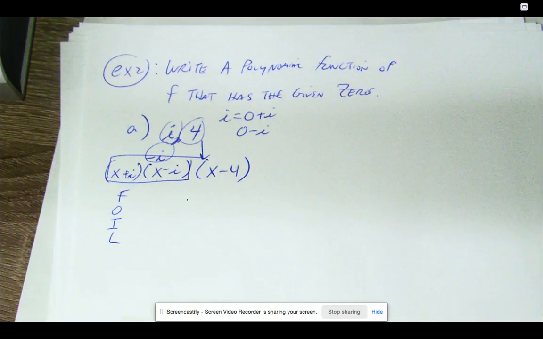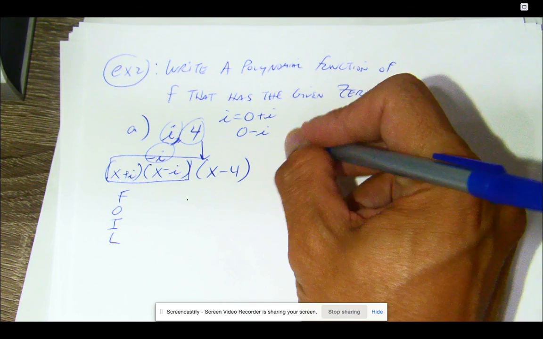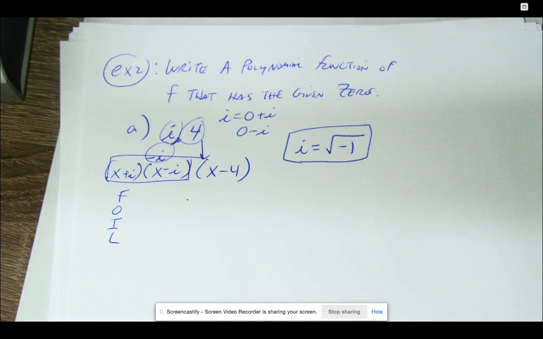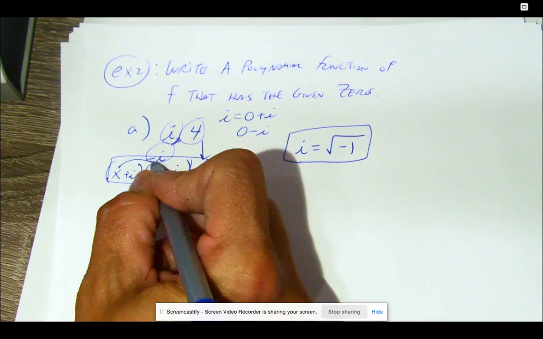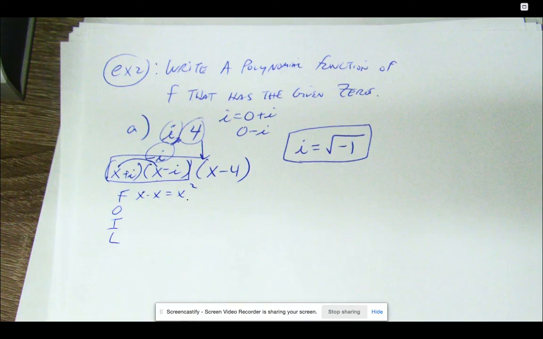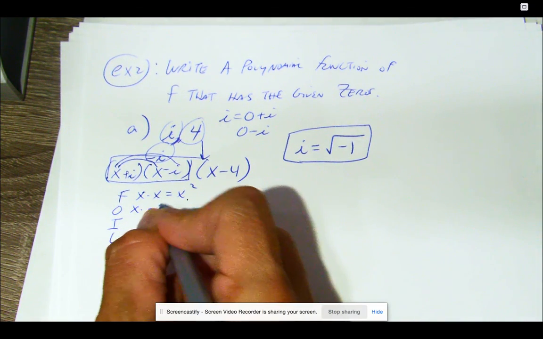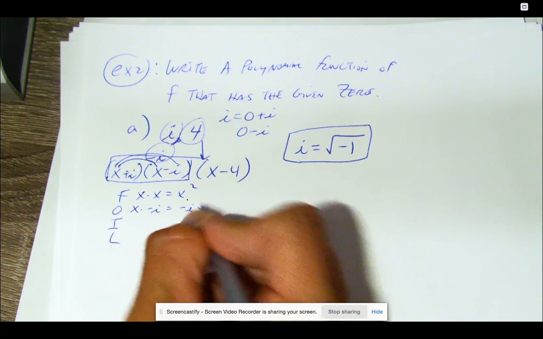Okay, now you kind of have to go back to what your definitions are. Okay, and I know you guys did this in a prior class, but that's the definition of i, the square root of negative 1. So we're going to start off by using FOIL. We're going to multiply the x's together. That makes x squared. The outer terms, when I multiply these together, I get x times negative i, which is negative ix.